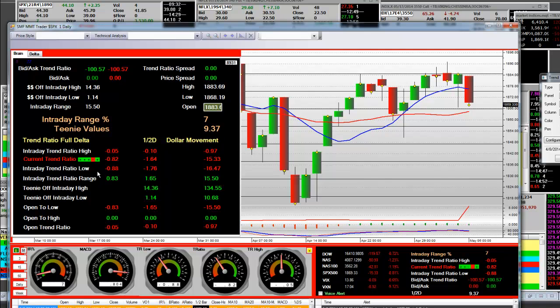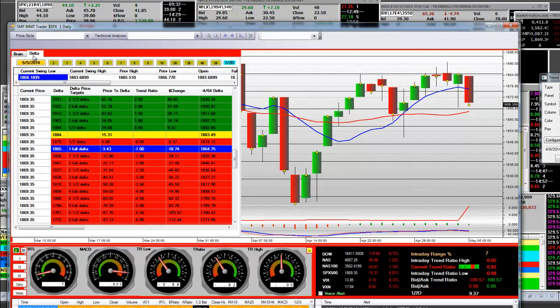And the trend ratio low was 1.76 minus 16.47, and the selling is picking up a little bit. Now remember, I told you 1865 is a one delta move down, and that's one full delta. We're 3.4 points to getting to that one delta.